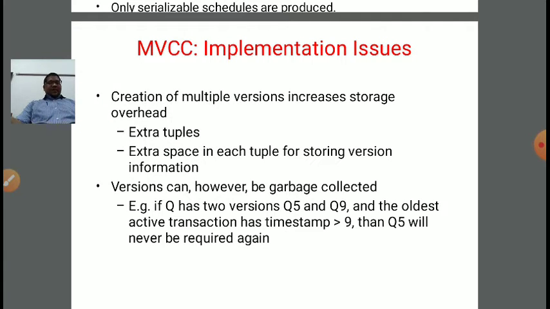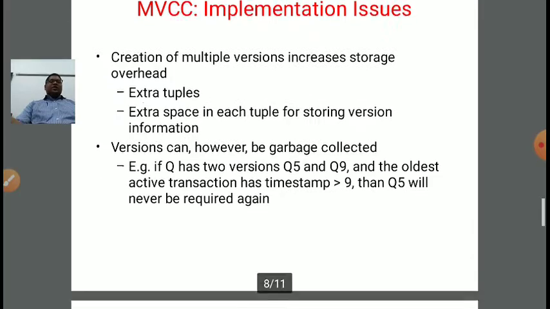Now versions can however be garbage collected. For example, if we say that data item Q has two versions, Q5 and Q9, and the oldest active transaction has a timestamp which is greater than 9, then the older version Q5 will never be required again.